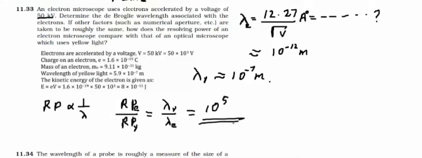Then question 34. Again, various quantities are there. Now, momentum you have to find: P is equal to h by lambda.